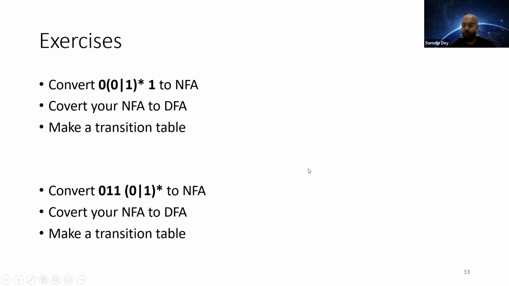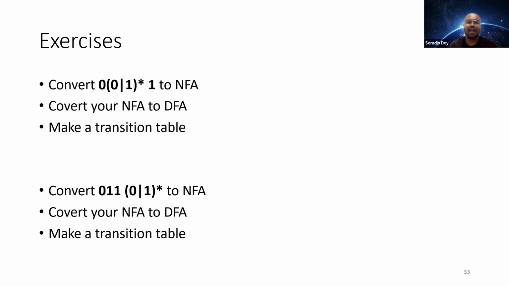Now, these are a few exercises which you can try out on your own: if you have a regular expression like this, how to convert it to an NFA, and how you can then convert the NFA to a DFA. And you can also generate the state transition table from that. So these are some of the exercises that you might want to do on your own.